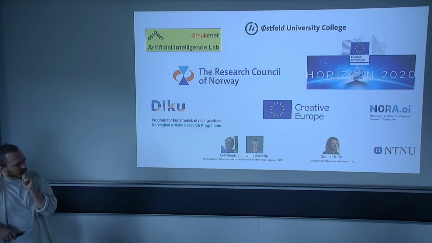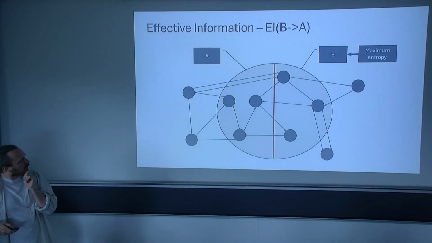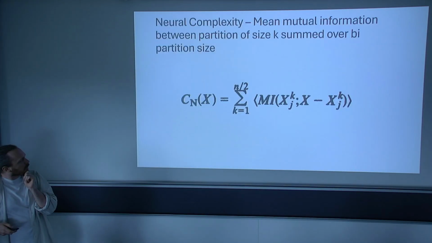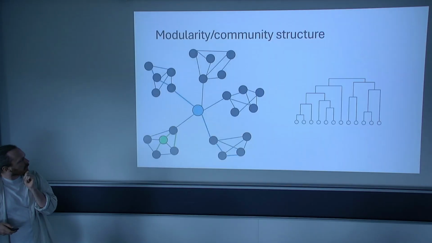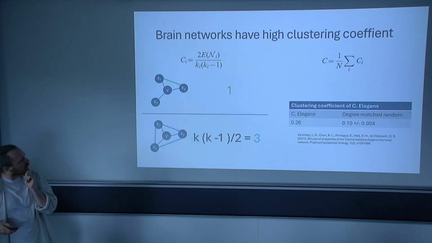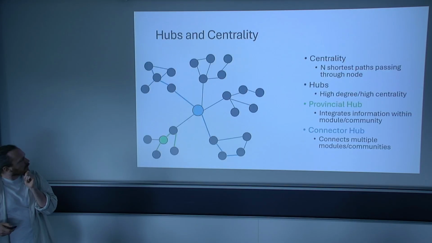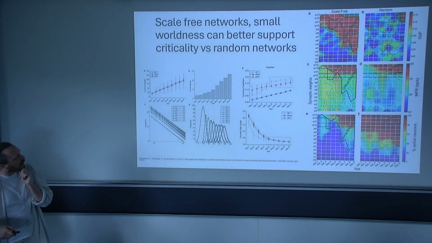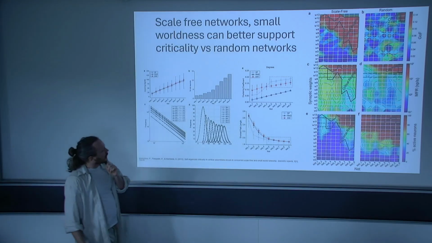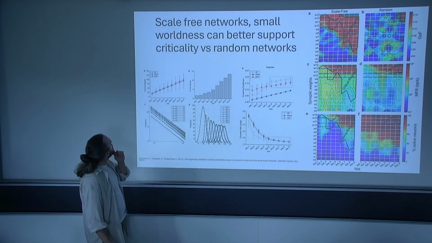I think, if I remember correctly, some of them are somewhat related. Let me see if I can get to the correct one. Yeah, so here is an example of the setting up.